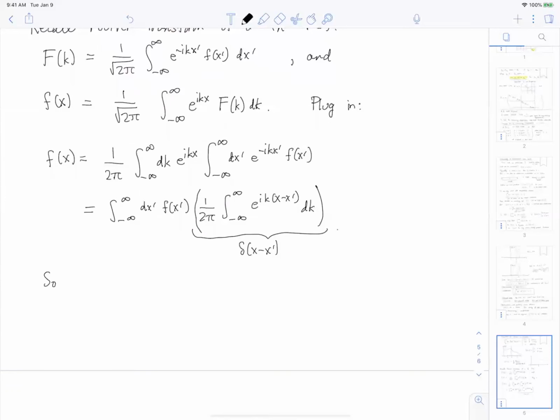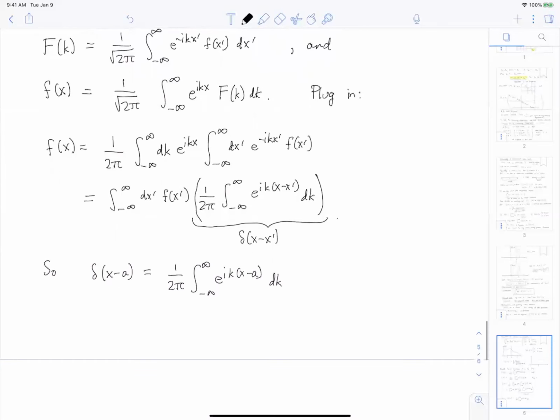And so what we've proved is that the Dirac delta function of x minus a, I can write as 1 over 2 pi integral minus infinity to infinity e to the i k, x minus a, dk. So this is yet another useful way of writing the Dirac delta function.